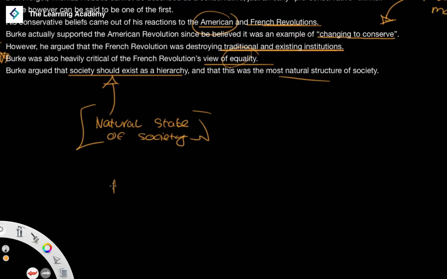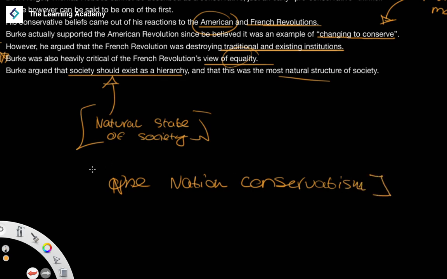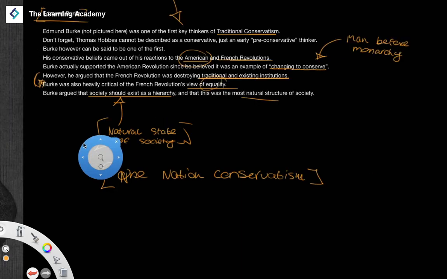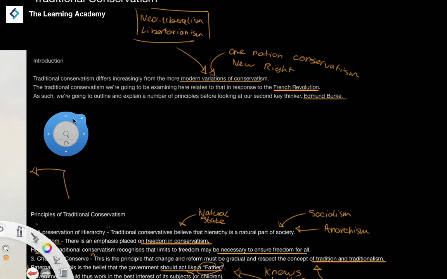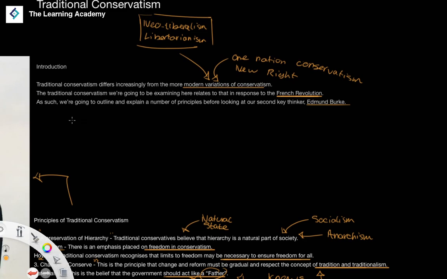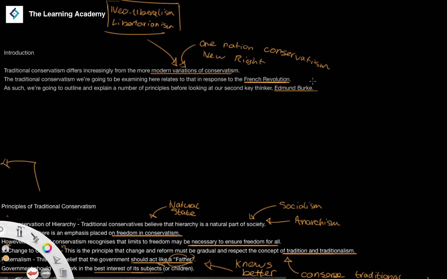So in the next lesson we're talking about one nation conservatism, and then in the final lesson on the history we are going to explore the concept of the new right, conservative thoughts. And so again, like I mentioned in the last video, we can really trace these conservative ideas all the way back to this traditional viewpoint, specifically relating to Edmund Burke.